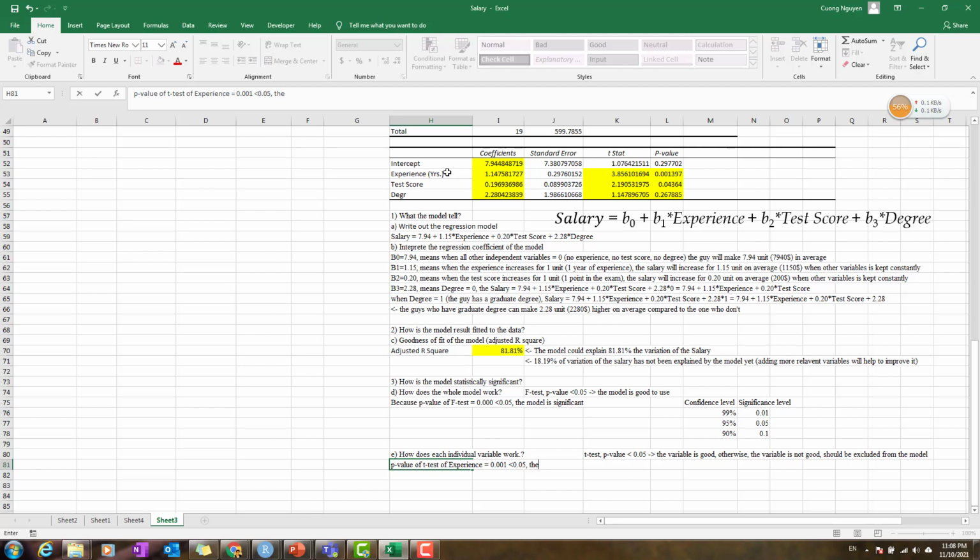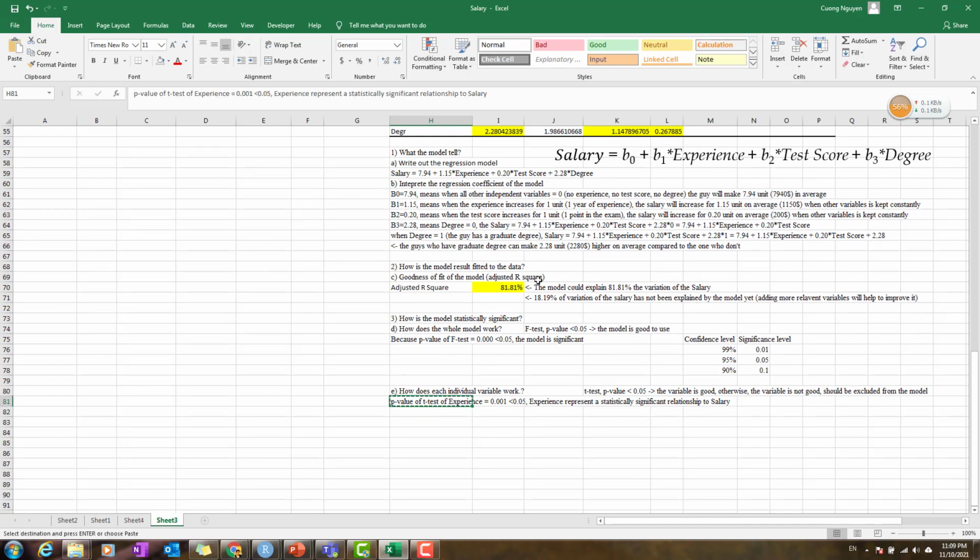So that means experience has a statistically significant relationship to salary, right?